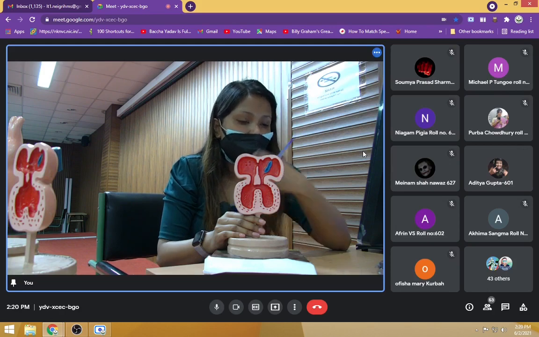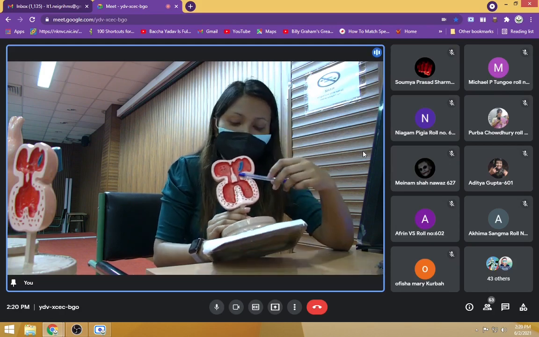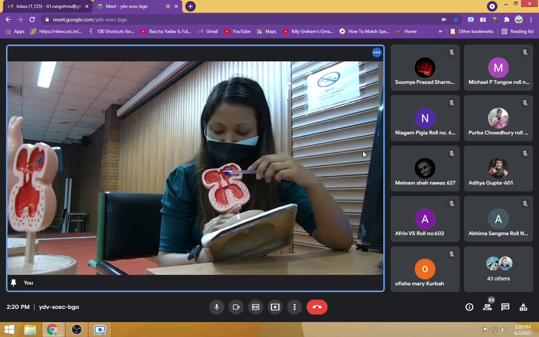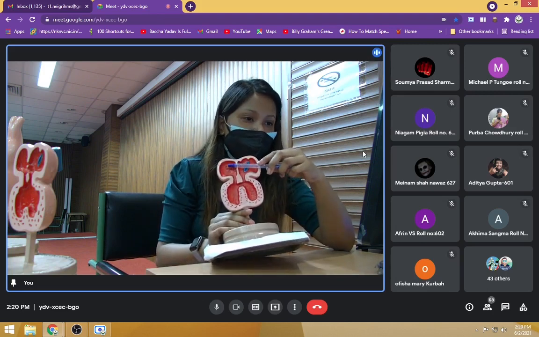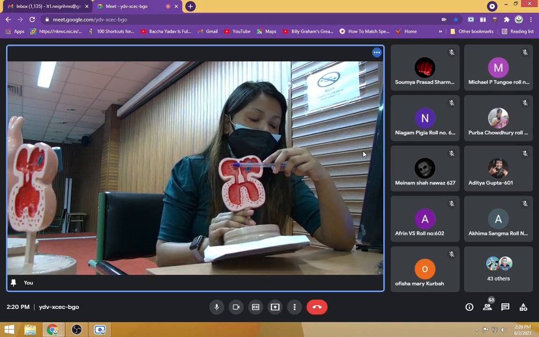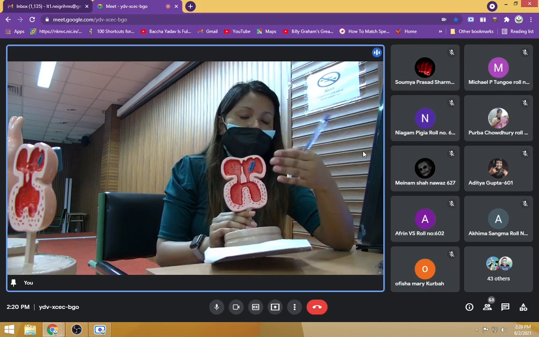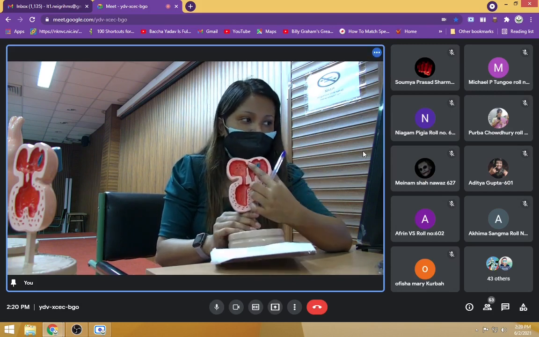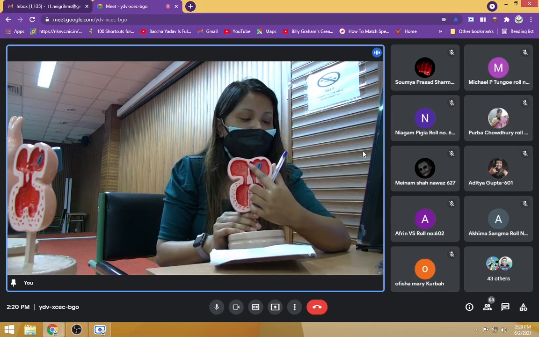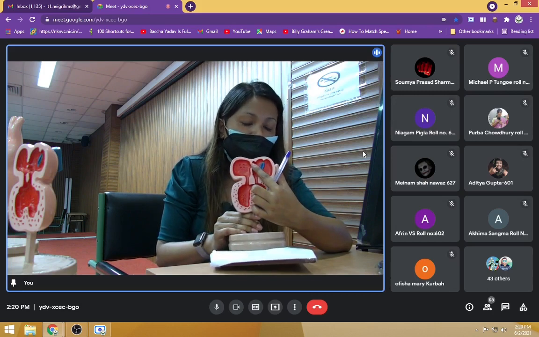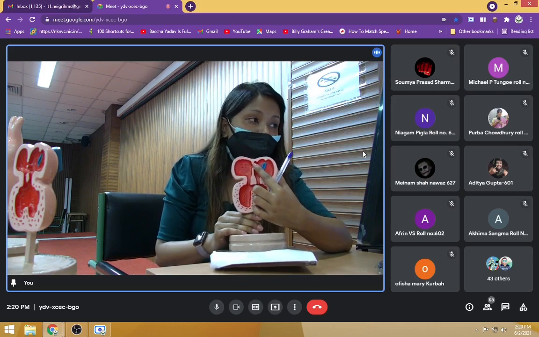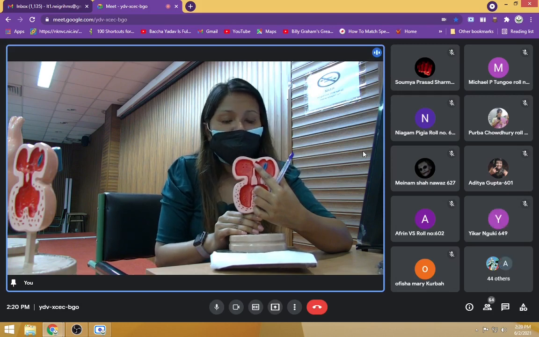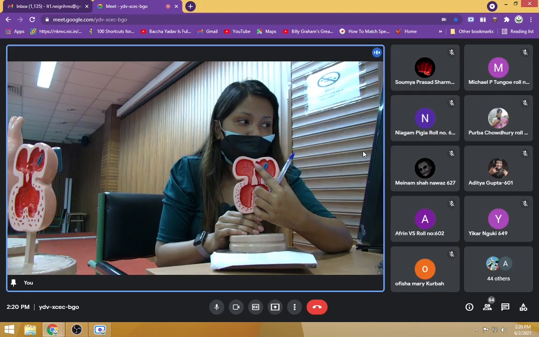The blood flowing from the right atrium to the left atrium, that portion will be known as foramen ovale. And after childbirth, after the first cry, this flap will close this, and the foramen will be transformed into fossa ovale.